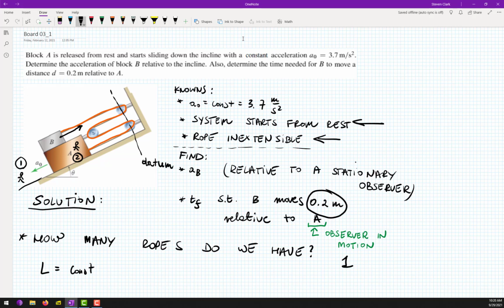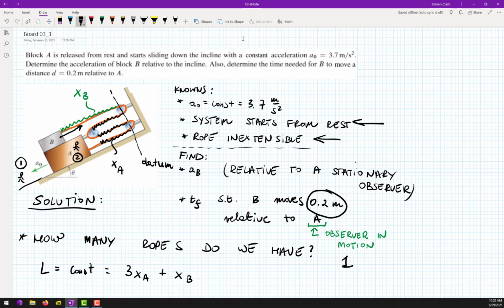I would like to express that rope with these three black chunks, let's call it XA, and this one green chunk, let's call it XB. So we clearly see that our rope consists of 3XA plus XB.